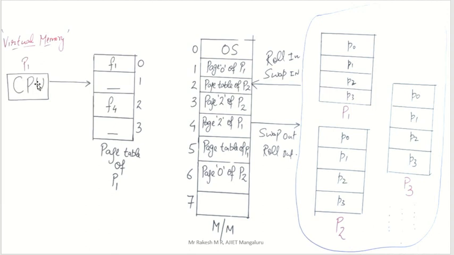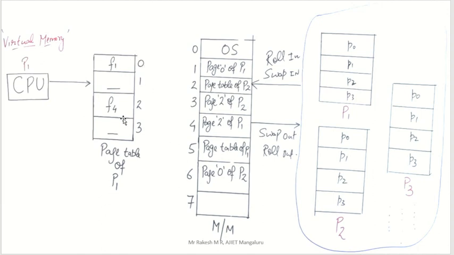Now I will go for a third time. The third time the CPU will ask for page 1 of process 1 for execution. It will check the page table of process 1, which is taken from your main memory.